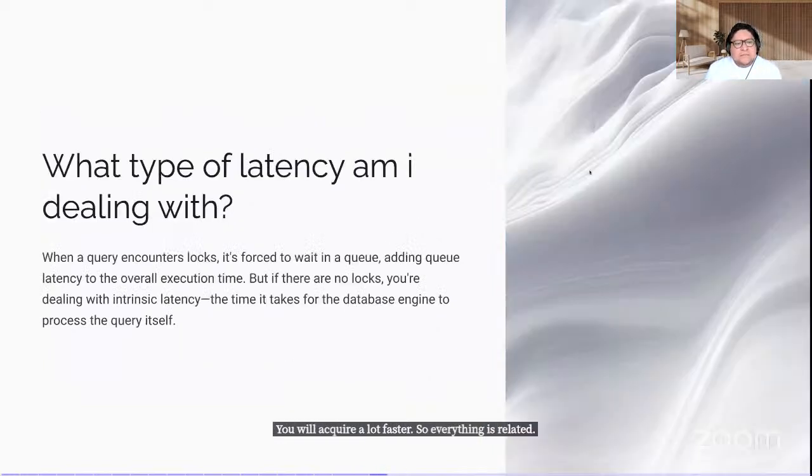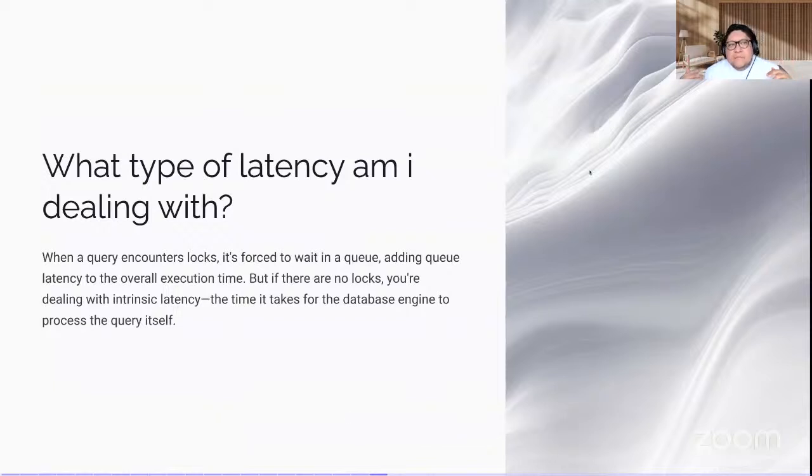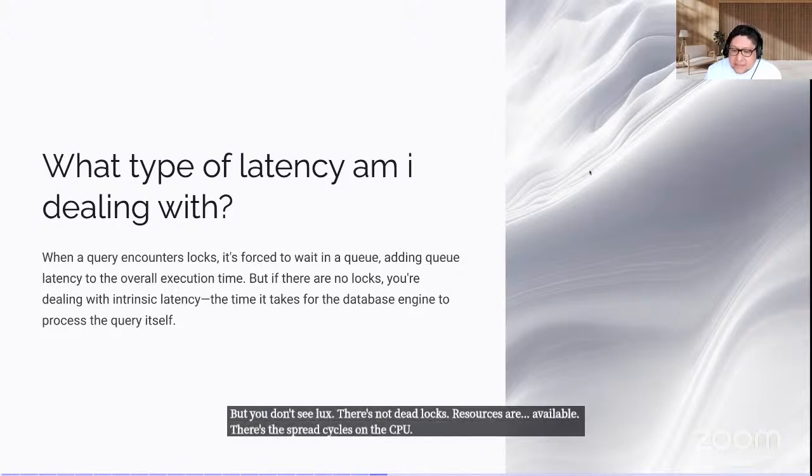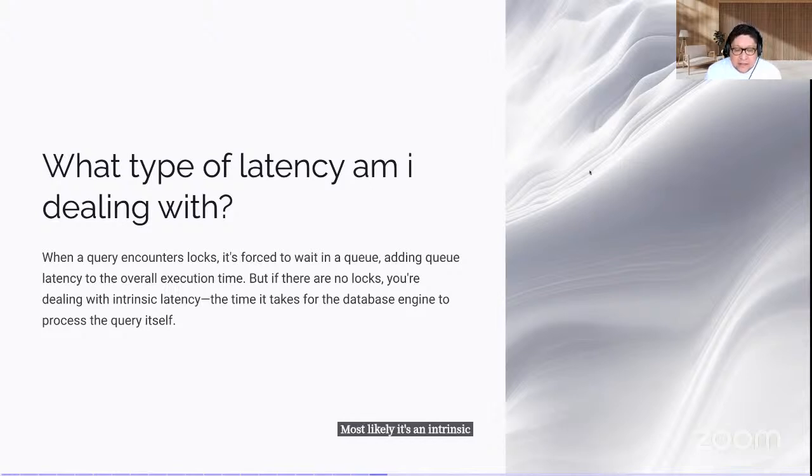It's important to understand what type of latency you are dealing with, queue or intrinsic. If you have slow queries but you don't see locks, there's no deadlocks, resources are available, there are spare cycles on the CPU, most likely it's an intrinsic latency.